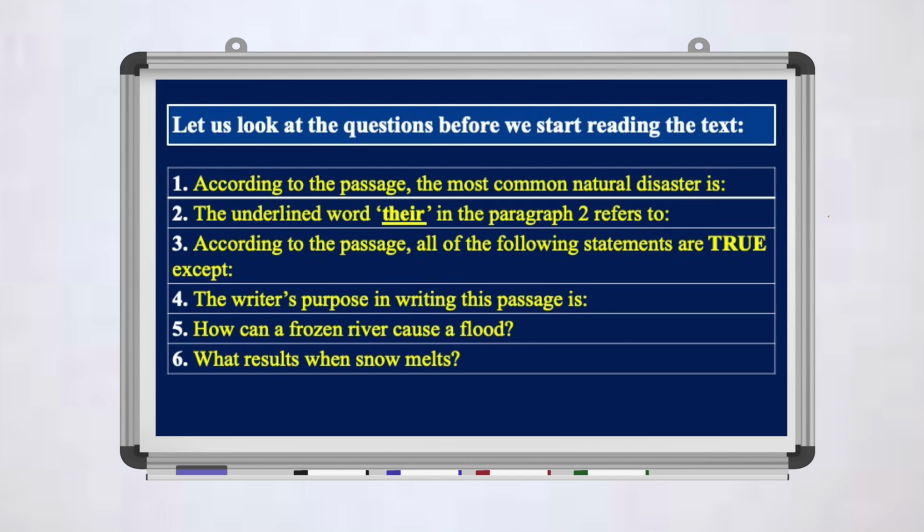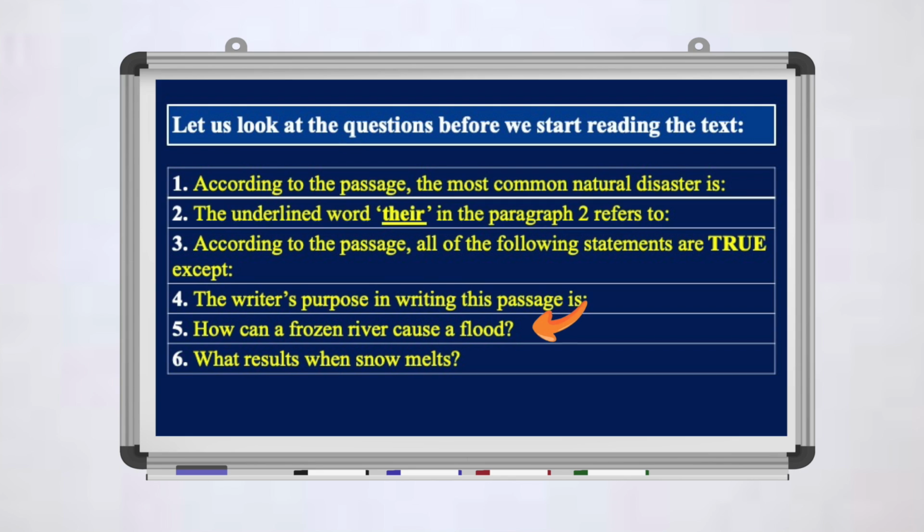Number 3, according to the passage, all of the following statements are true except. So you have 3 statements that are true and 1 statement that is false. Number 4, the writer's purpose in writing this passage is. So this is something that you have to pay attention to in order to find the answer later on.